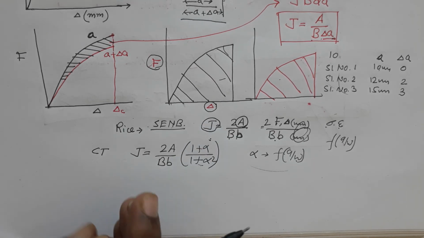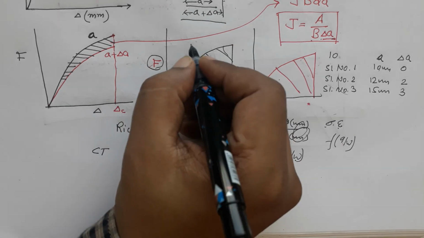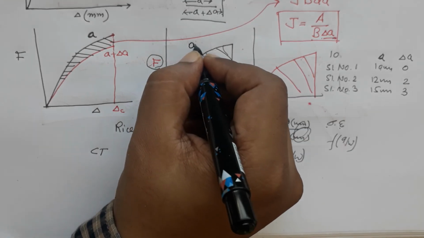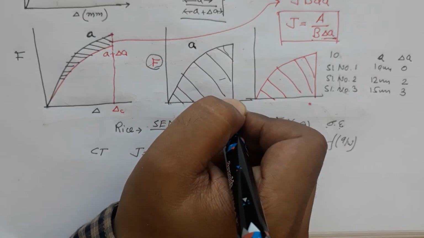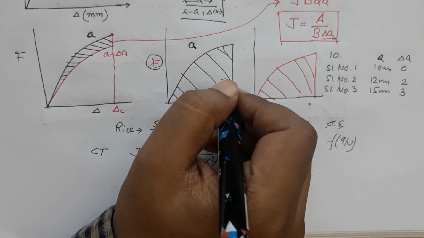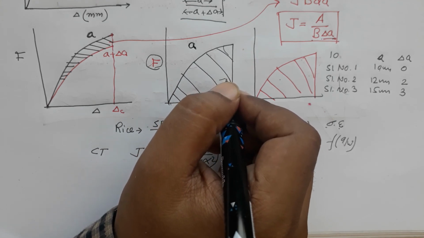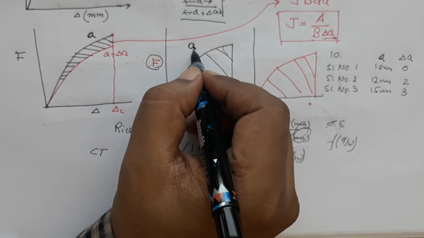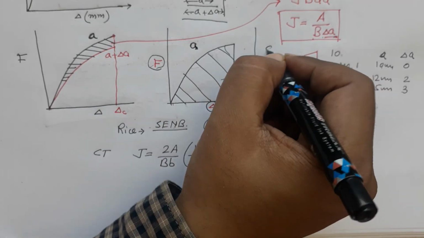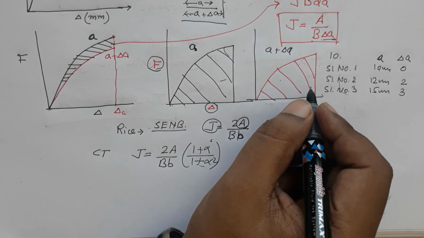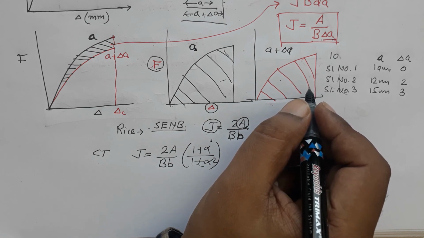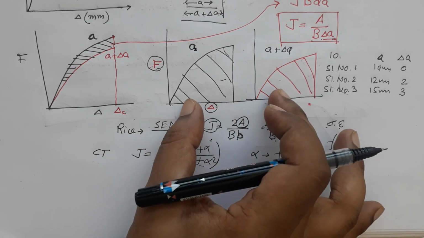Now, look at it in that way also. Okay. So, for a crack length of A, as long as this A is not growing, this is the energy which is consumed by the specimen, right. If the crack grows by an amount of delta A, then this is the energy which is consumed by the system, right. So, what is the energy release rate?